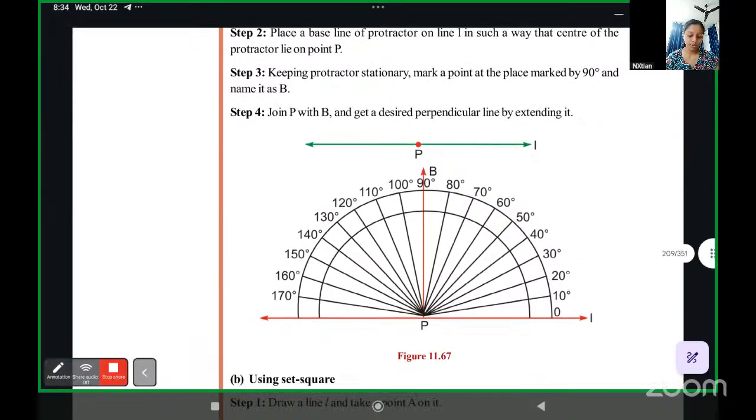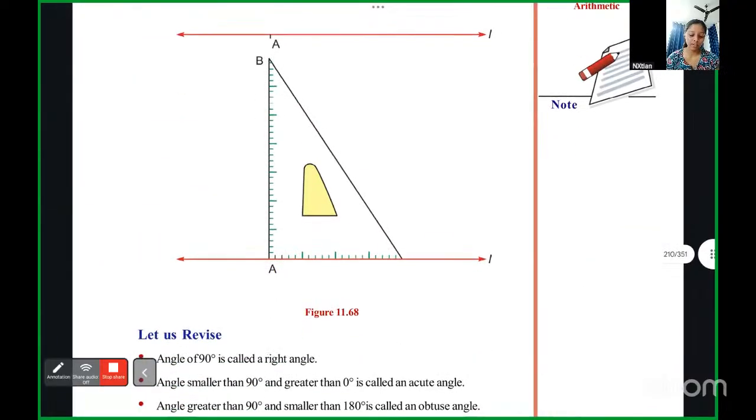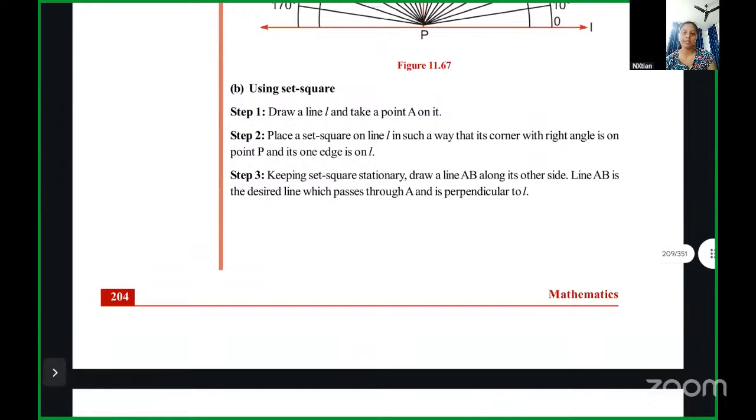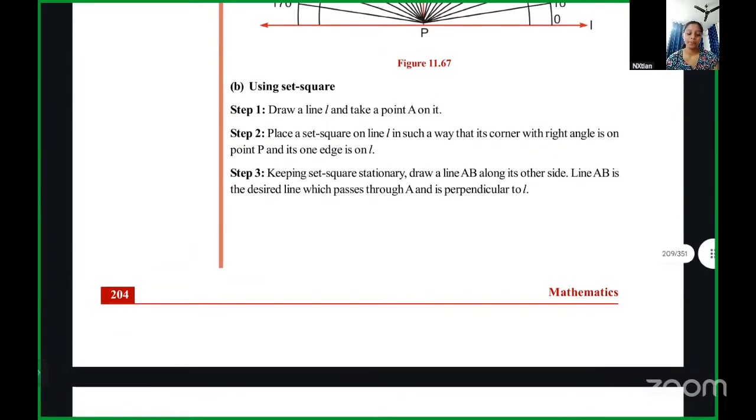Now we will do it using a set square. Abraham, do you have a set square? Yes, ma'am. Okay.